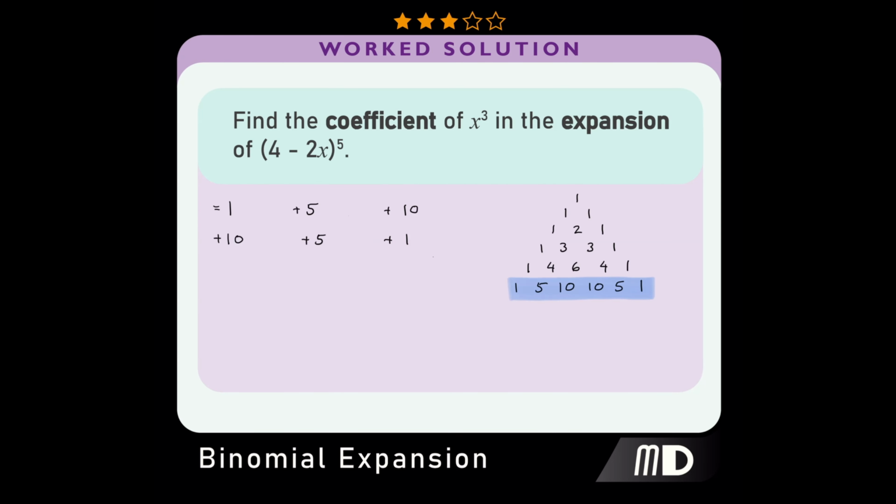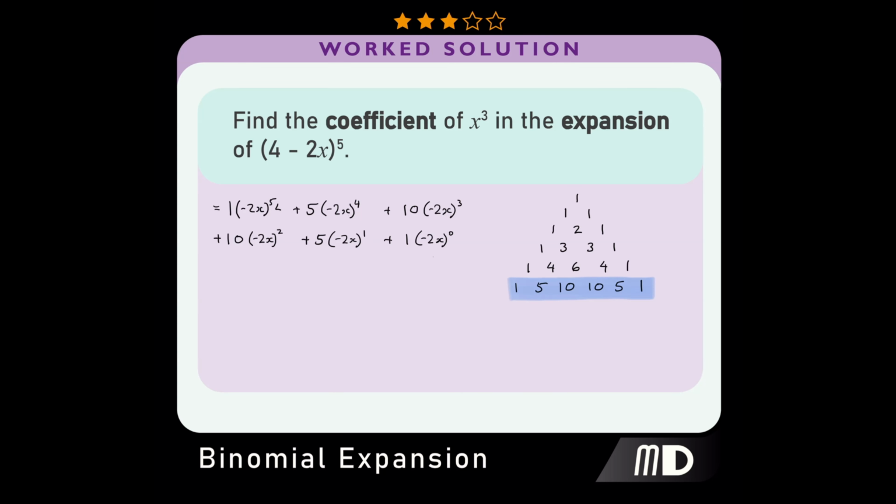Beginning with minus 2x to the power of 5, then to the power of 4, and 3, 2, 1, and 0.